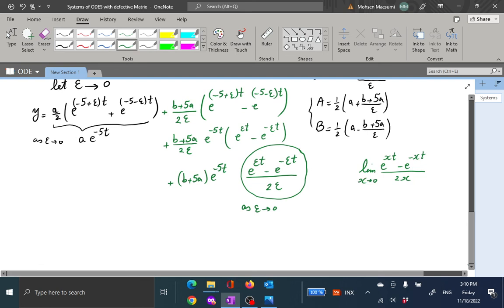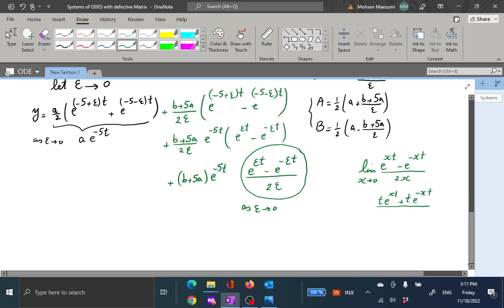What is that? Well, L'Hopital says take a derivative of numerator, take a derivative of denominator with respect to your variable. So variable here is x. When I take a derivative, by chain rule a factor of t comes in front, t exponential of xt, and another t, really minus t, comes up front. It becomes another t exponential of minus xt.